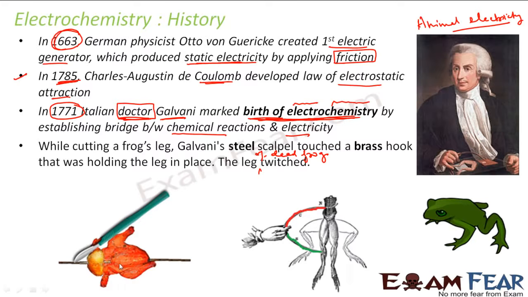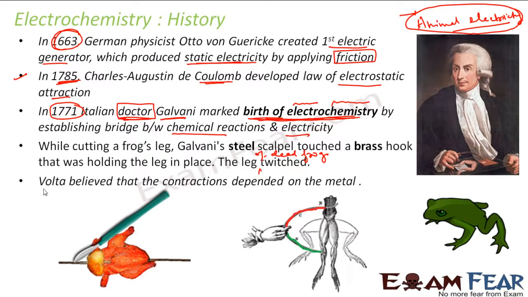Let me explain once again: when he was cutting this dead frog with a steel scalpel on a brass hook, the leg twisted. He performed the experiment again in the lab with two different metals, and the leg twisted, and nobody knew why. So he coined the term animal electricity. In fact, there is a different branch of chemistry altogether where you talk about electricity in animals. So he thought that was the reason the leg was twisting.